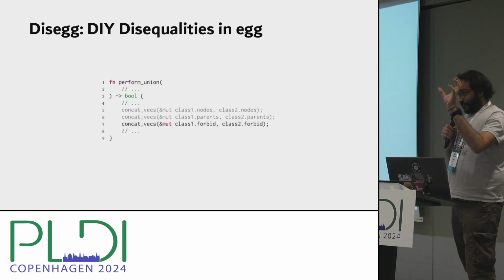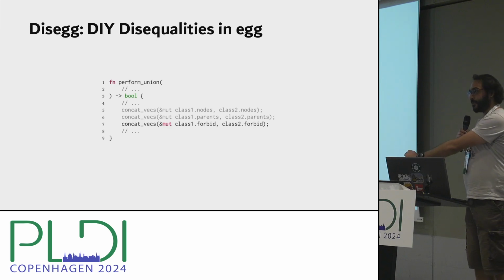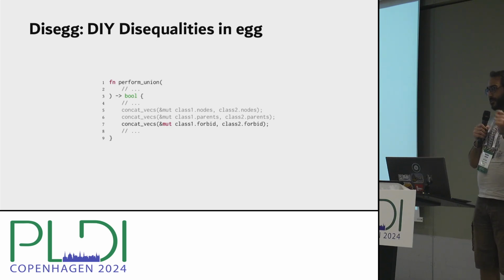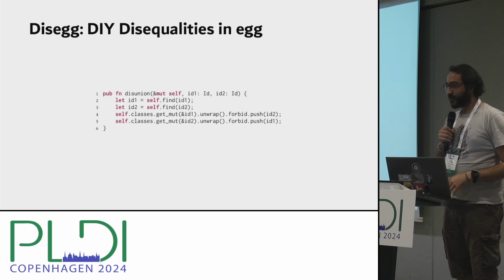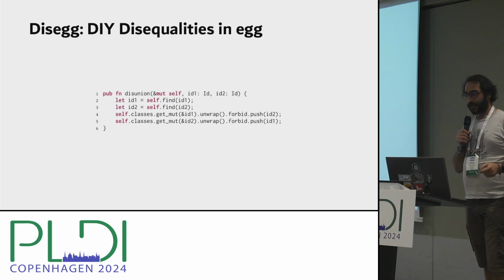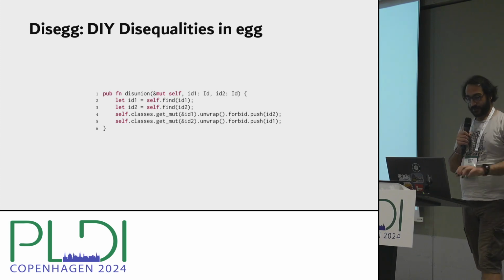Then when you want to perform the union of these two classes, you just move the forbid list from one class into the other, so essentially the one being merged into. When you want to say that two things are not equal, I just called it disunion. Just add the class of one into the class of the other and vice versa. Pretty simple.